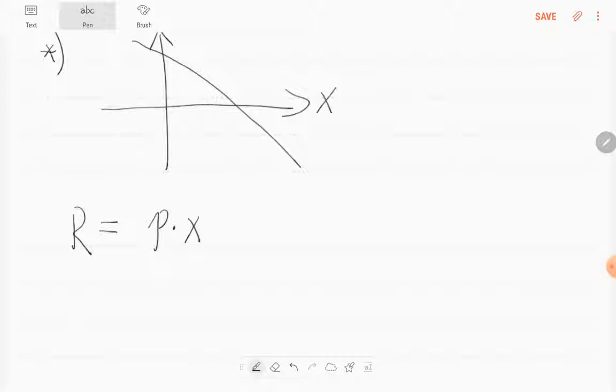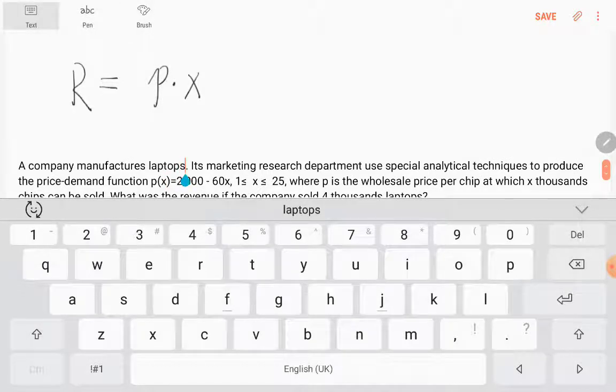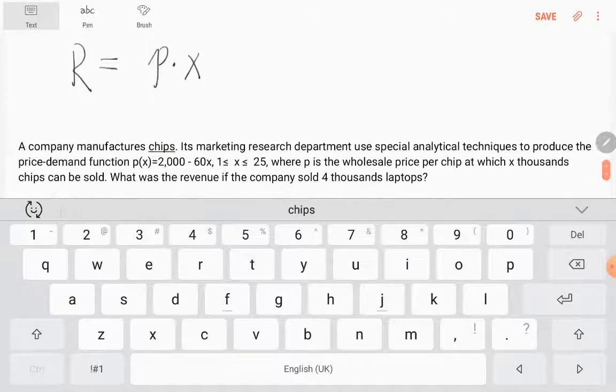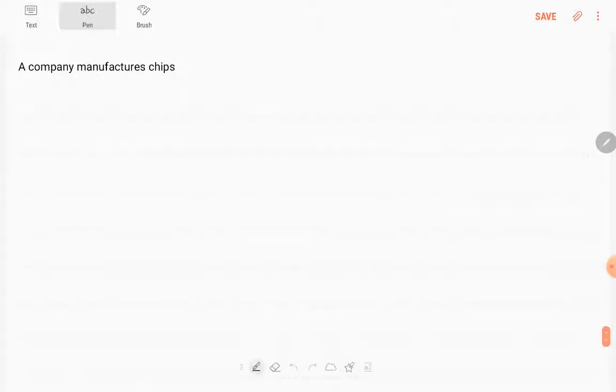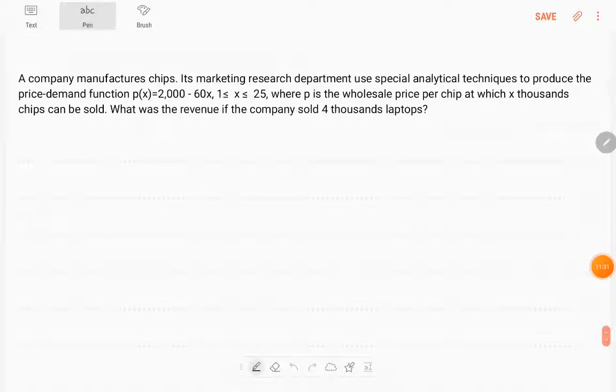So now let's look at one example. A company manufactures chips.